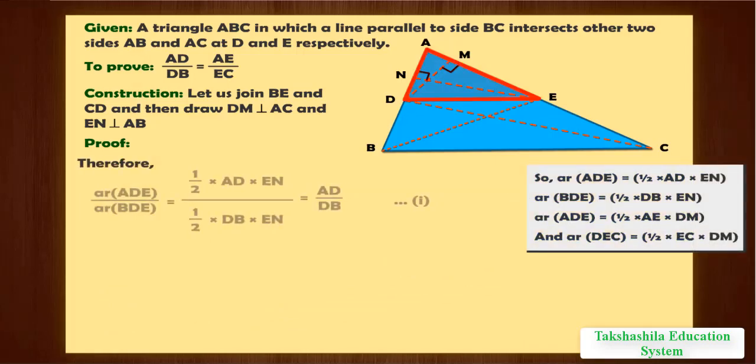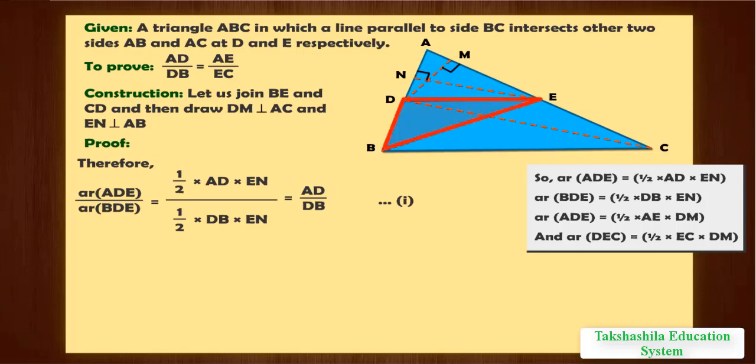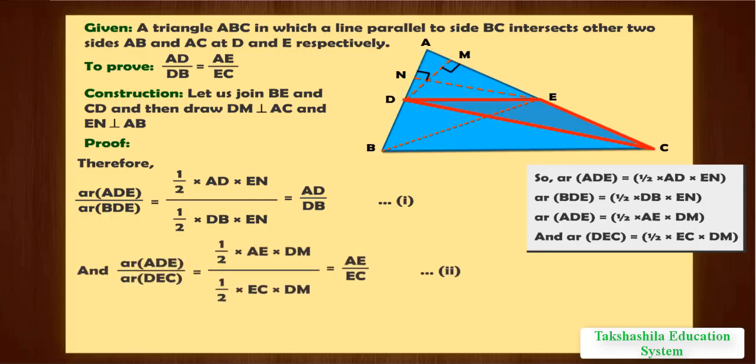Therefore, area ADE upon area BDE is equal to 1 upon 2 into AD into EN upon 1 upon 2 into DB into EN, which gives AD upon DB. This is equation 1. And area ADE upon area DEC is equal to 1 upon 2 into AE into DM upon 1 upon 2 into EC into DM, which gives AE upon EC.